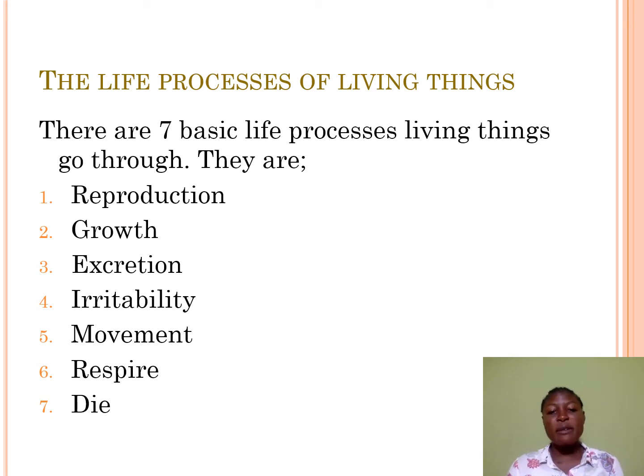The life processes of living things. There are 7 basic life processes living things go through, and they are: 1. Reproduction. 2. Growth. 3.